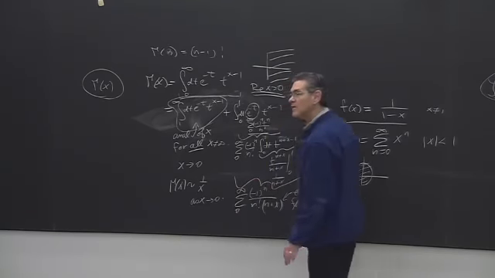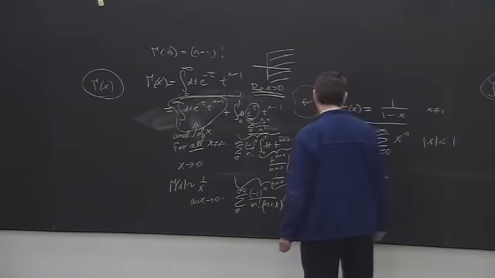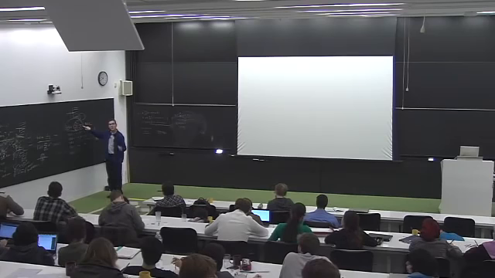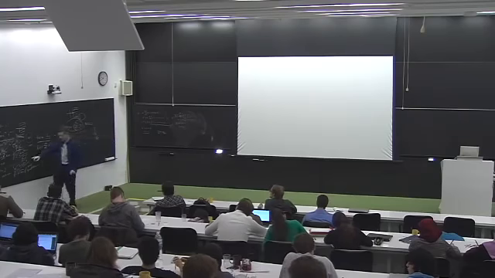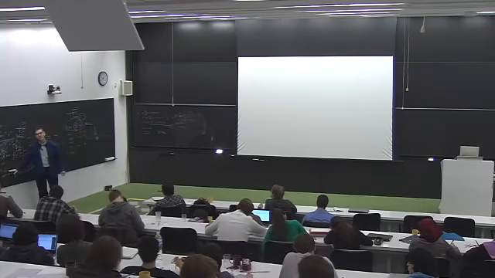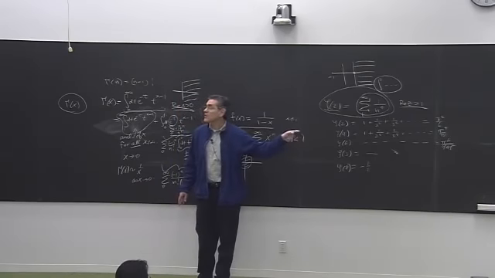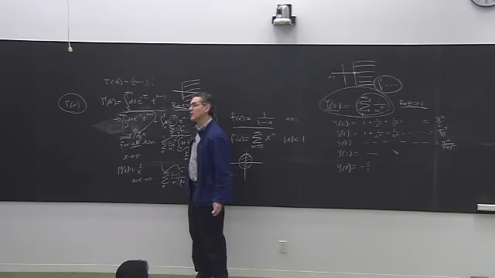And the same kind of analysis, but it's more difficult, you'll have to go and look in a book if you're interested, works with the zeta function. As z approaches 1, zeta diverges in a similar way, except this is a linear divergence, and that divergence is a logarithmic divergence, because it's the sum of the reciprocals of the integers, so it goes like 1 plus a half plus a third, so it blows up logarithmically.